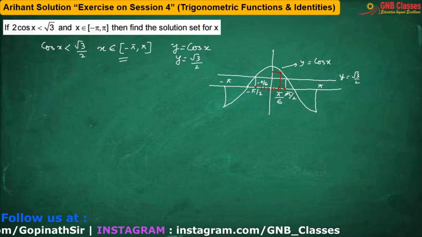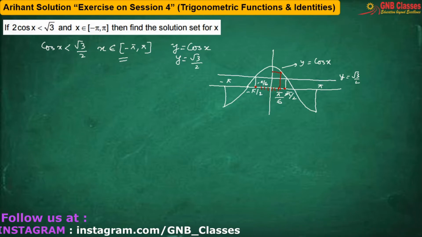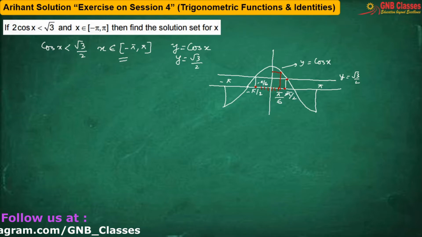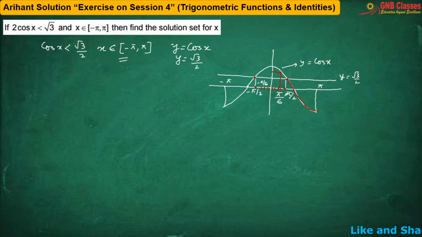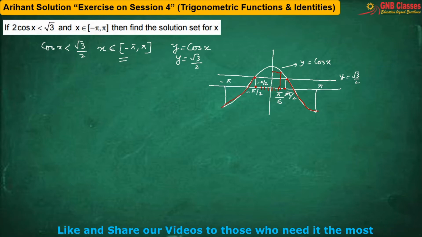So, if we want the region where cos x is less than root 3 by 2, we have to select this region, this region, this region. Tell me yes or no.